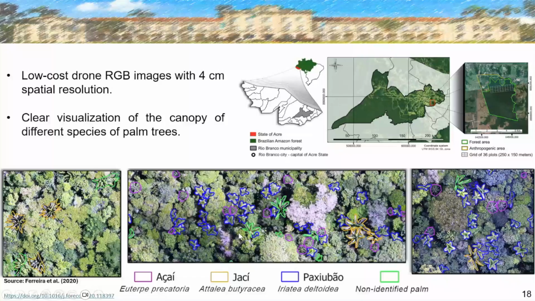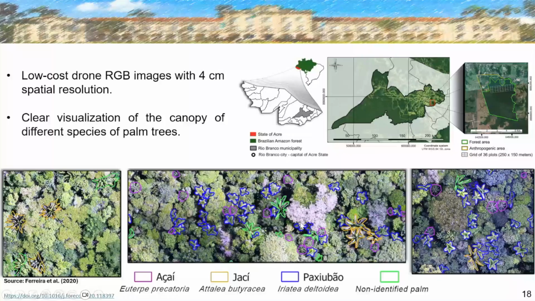And once we delineated all these palms, we identified them to the species level using expert knowledge of botanists and also field data. To delineate all palms, we were a team of more than 6 researchers working on delineation and identification of the trees.